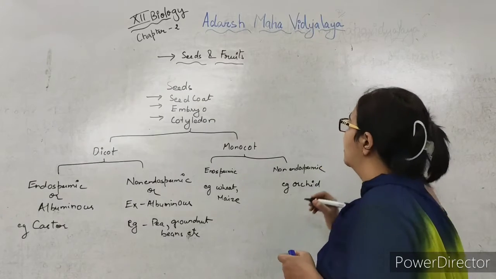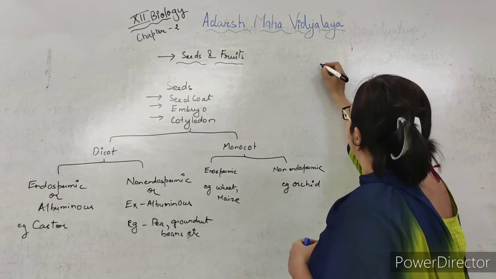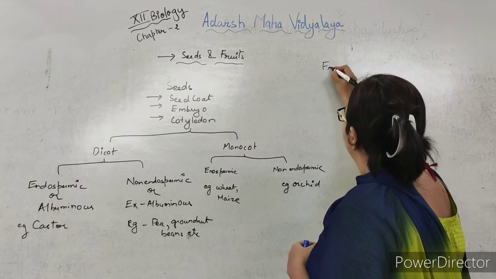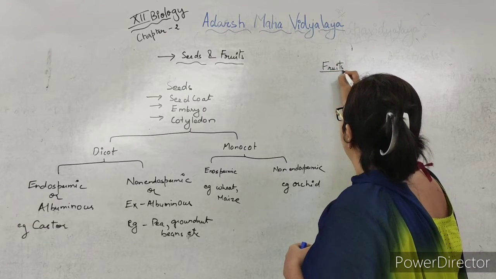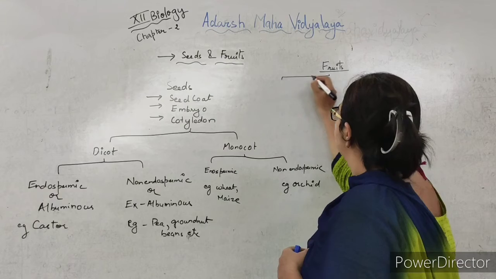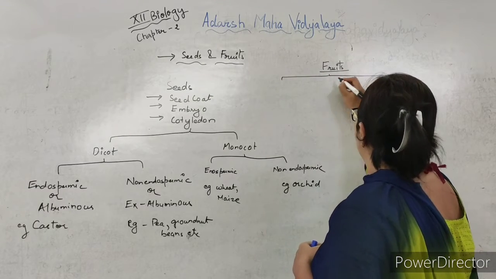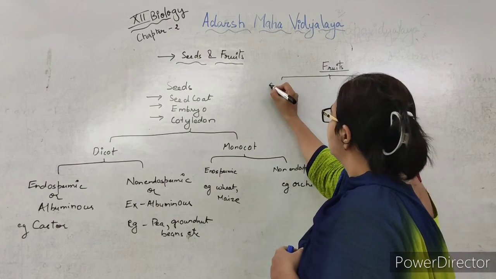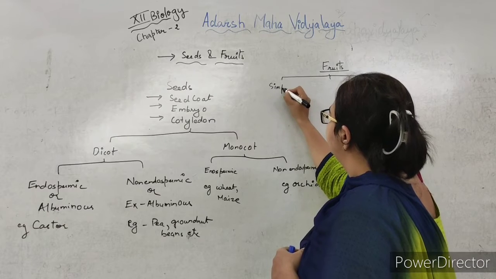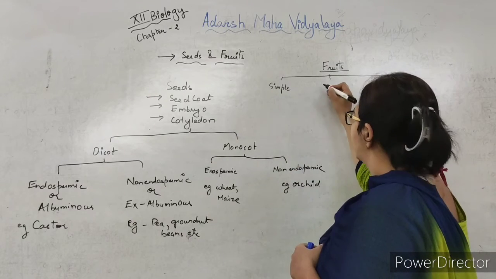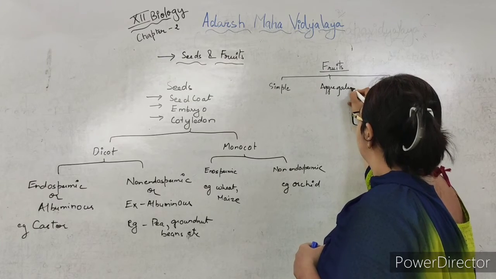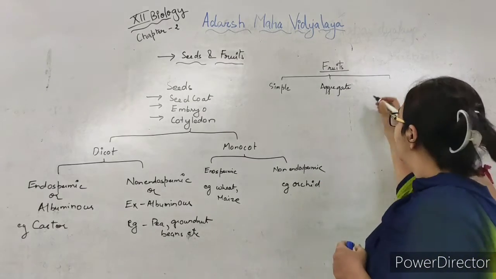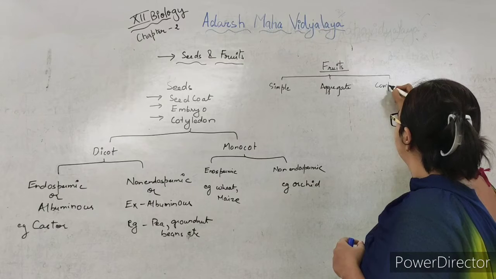Now we come to fruits. Now we know that fruits are of three types. As we have already learned in morphology, we can divide fruits into three types. Can you tell me? First is the simple fruit. Second is aggregate fruits, and the third one is a composite fruit.